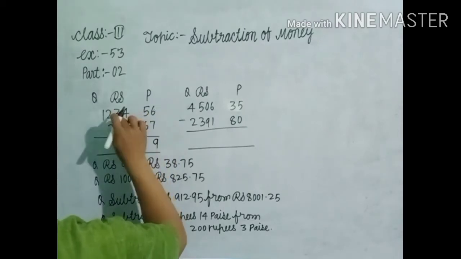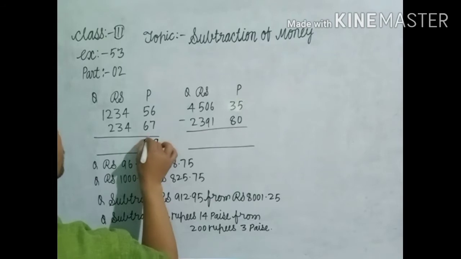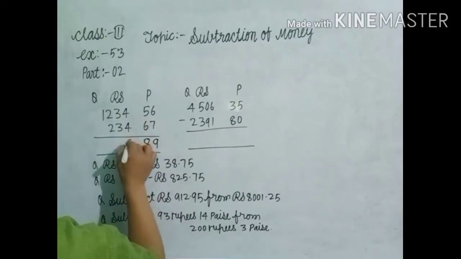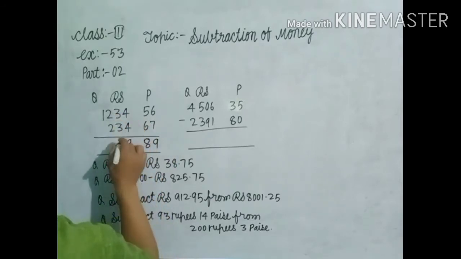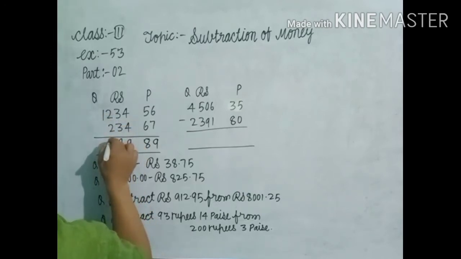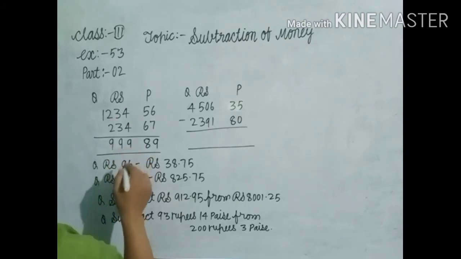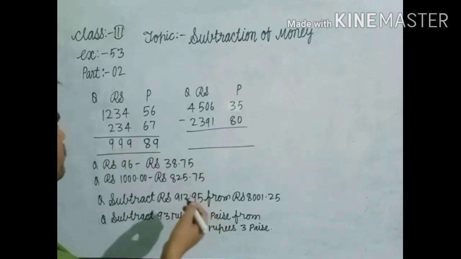Here 4 going to the next number, 14 minus 6 is 8, 3, 30 minus 4 is 9, 2, 12 minus 3 is 9, 1, 11 minus 2 is 9. In this way, this is your answer. So here you write Rs 999 rupees 89 paise.